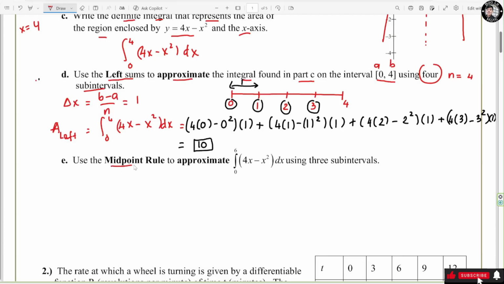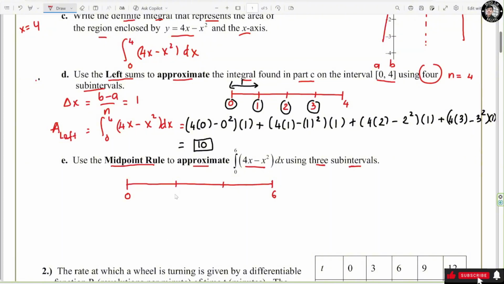Question E. Use the midpoint rule to approximate the integral from 0 to 6 of this function using 3 subintervals. Now we're going to sketch the number line. This one is 0, this one is 6. We need 3 subintervals only, so we're going to split this into 3 subintervals, 1, 2, and 3.